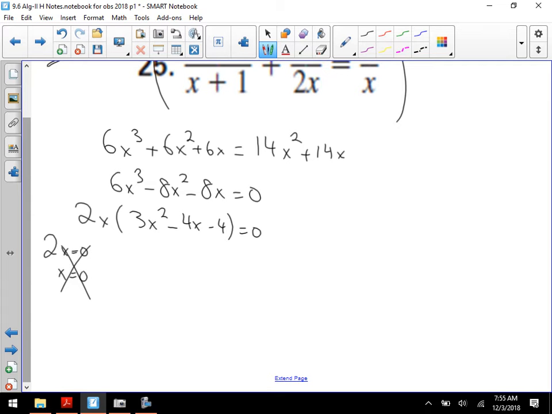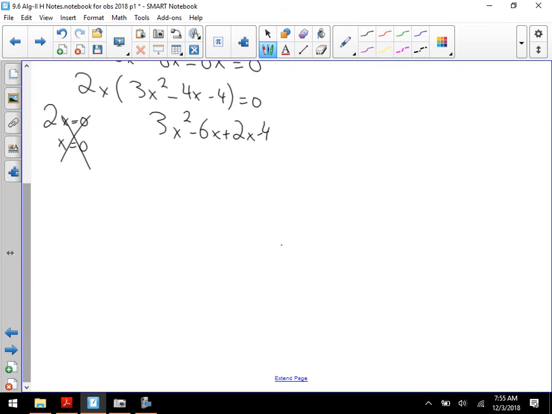Now I worry about 3 times negative 4. What times what is negative 12? You add together to get negative 4. Negative 6 and positive 2. Just move this up a bit here. 3x and I get x minus 2. Take out a 2, I get an x minus 2.